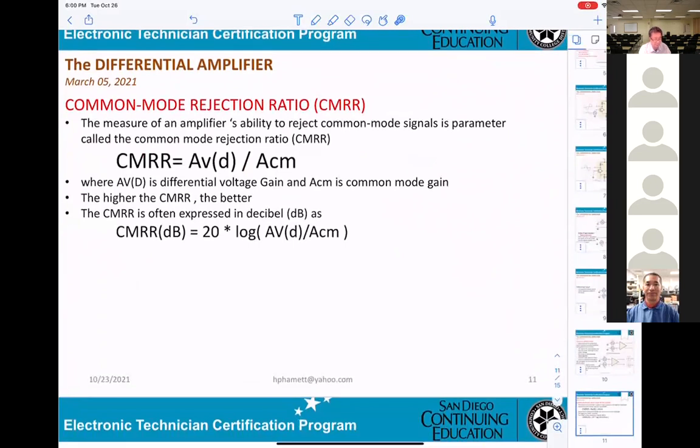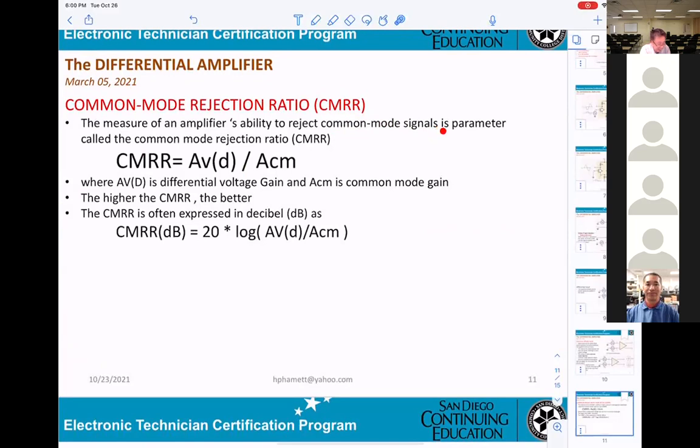Okay, common mode rejection ratio. That's what we call CMRR. It is the measure of an amplifier's ability to reject common mode signals.